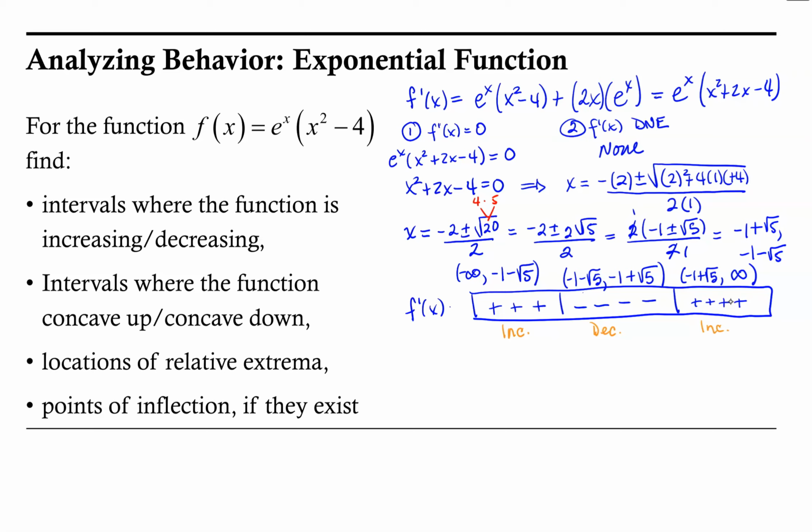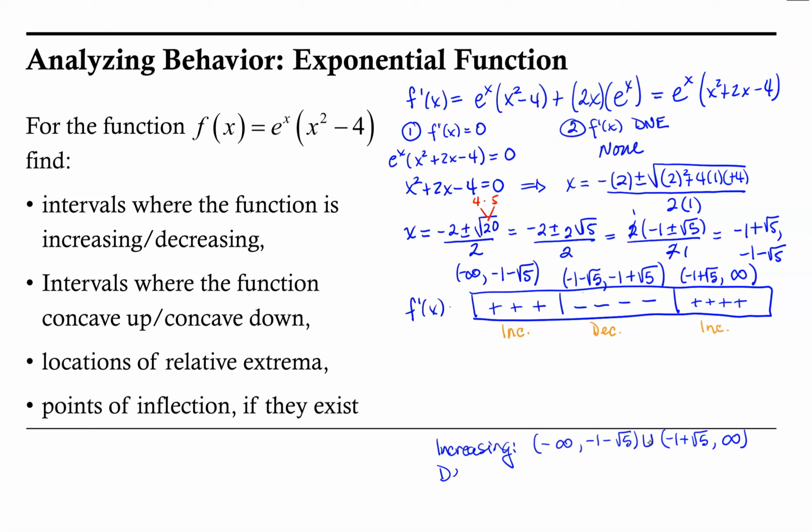So we can say that our function is increasing on the interval from negative infinity to negative 1 minus the square root of 5, union the interval from negative 1 plus the square root of 5 to positive infinity.